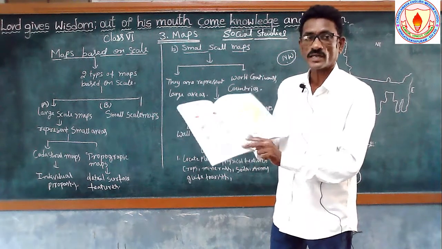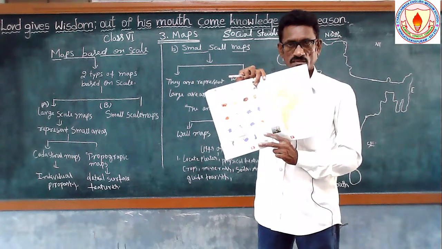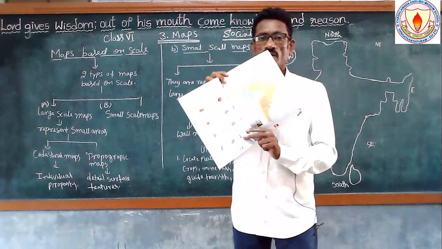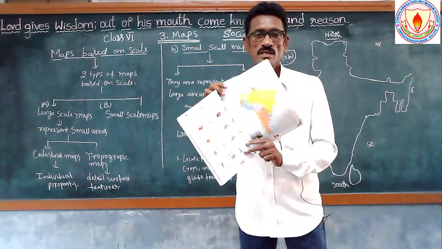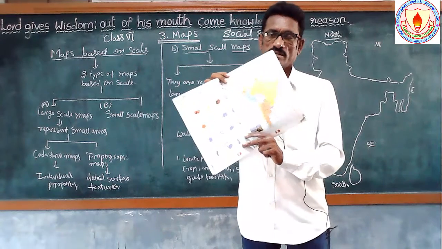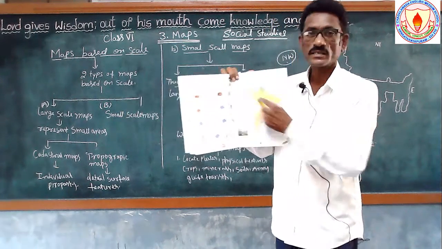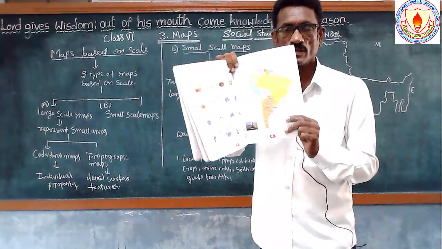So this is South America. Here nearly 12 countries are there. When we are using the atlas book, we are able to identify the countries with the help of latitudes and longitudes. Here the South American countries, 12 countries are visible.